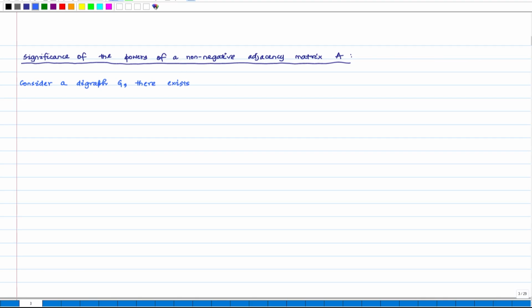So, there exists a directed walk of length 1. Now, what is a directed walk of length 1? It simply represents an edge in the graph. So, a directed walk of length 1 between any two nodes i and j.